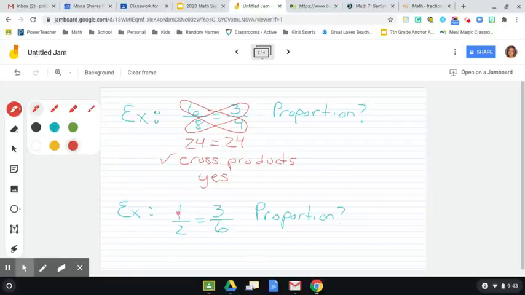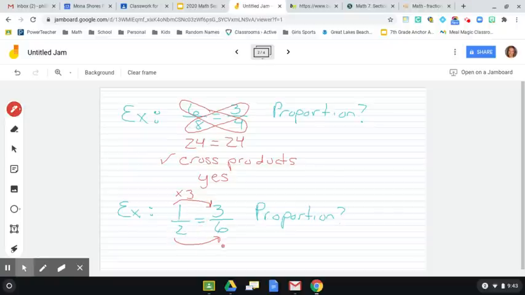So how many times larger is this numerator getting right here from 1 to 3? And also, how many times larger is this denominator getting from 2 to 6? Well, from 1 to 3, isn't this getting 3 times bigger?